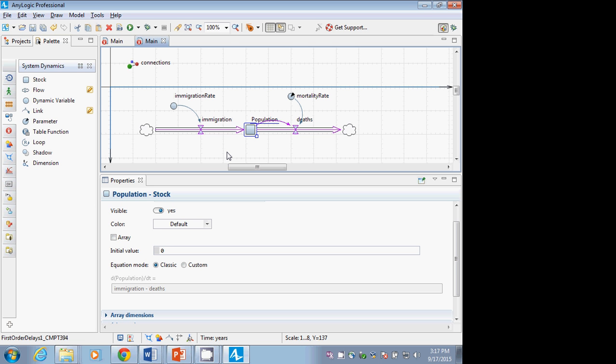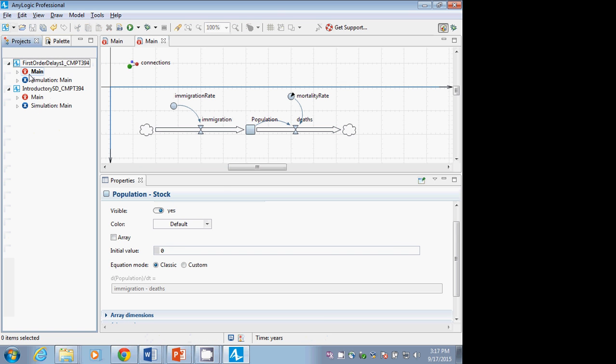It will be rising up to that point slower and slower because the net flow will be going down even prior to that point. The net flow being immigration minus deaths. The bigger population becomes, the less of a gap there'll be between immigration and deaths, and therefore the net flow will be smaller, and therefore population will tend to rise more slowly.